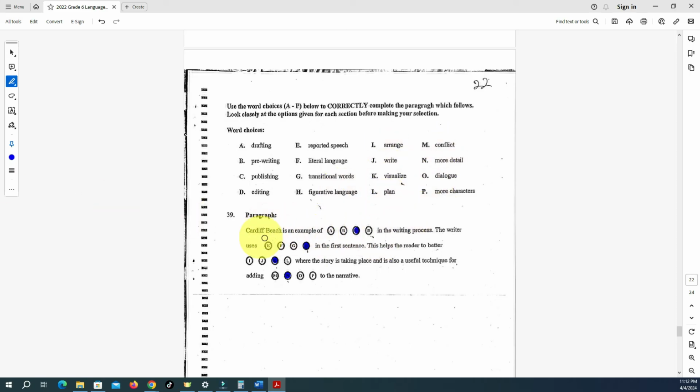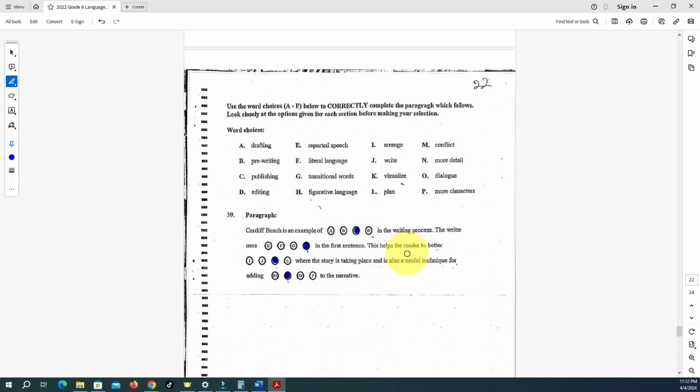It says paragraph. Cardiff Beach is an example of, I would say, publishing, right? In the writing process, that is, the writer uses, I would say, this one is D. So editing in the first sentence, right?